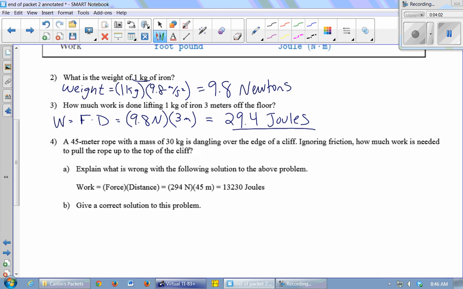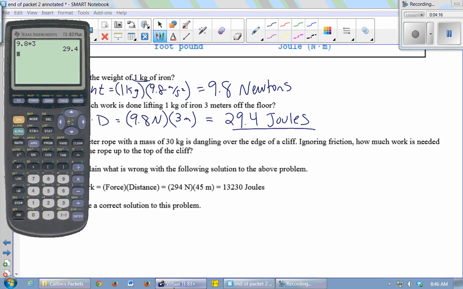So here's a solution, right? I wrote down work equals force times distance. Force is 294 newtons. Where the heck did I get that? 9.8 times 30 kilograms. Yep, 30 kilograms of mass times the acceleration of gravity gives me a force of 294.